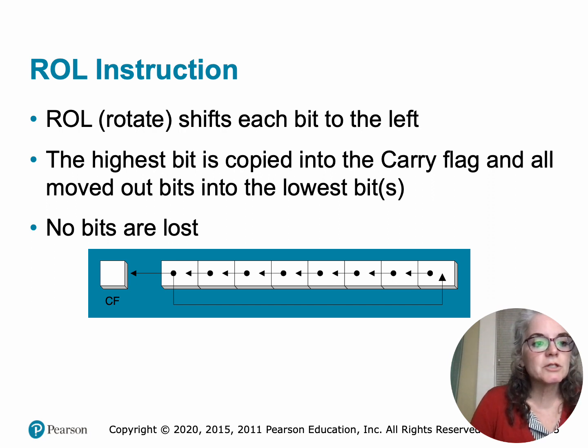Okay, the next instruction is the rotate left instruction. Rotate shifts each bit to the left. The highest bit is copied into the carry flag, just like normal. And all the bits that are moved out are copied to the lowest bits.